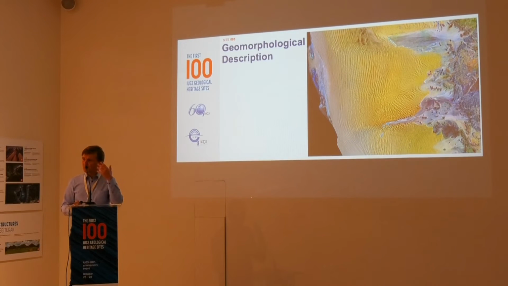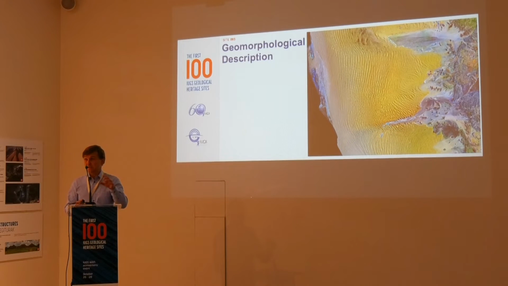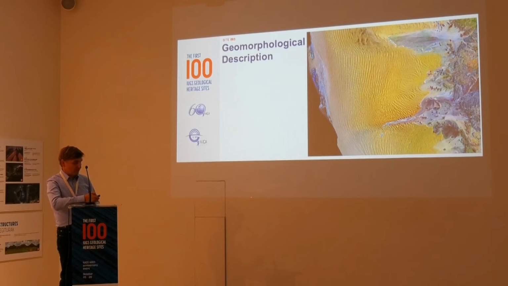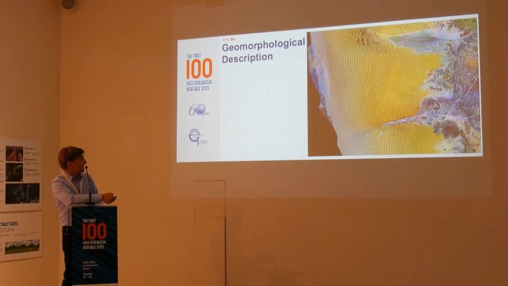The full appreciation of that variety was possible after the satellite imagery arrived. So this is the Landsat photograph of the northern part of the Namib Sand Sea, which was specifically proposed by us as the IUGS global geosite. So even if you are not a specialist in aeolian geomorphology, you see that the dune pattern here is different from the dune pattern there, and it's different from the dune pattern somewhere here.